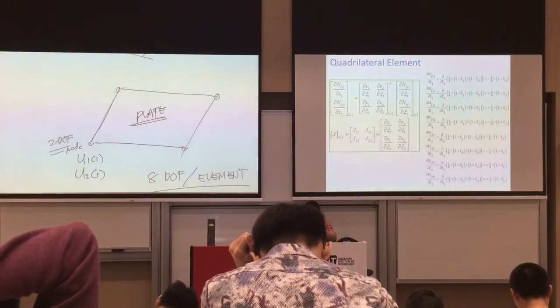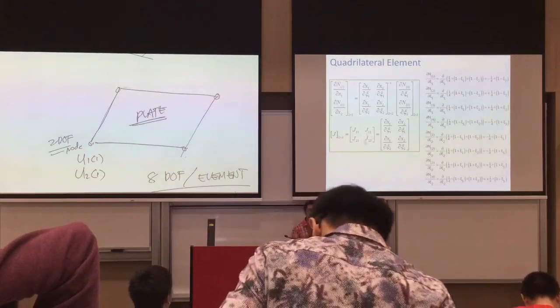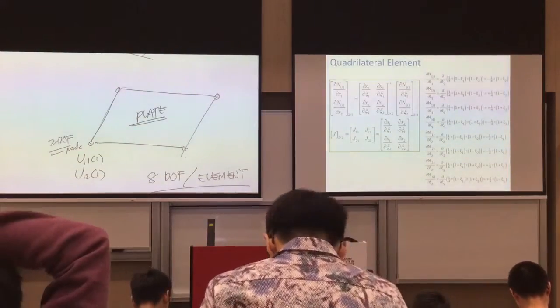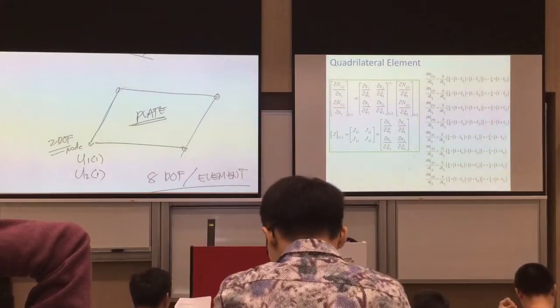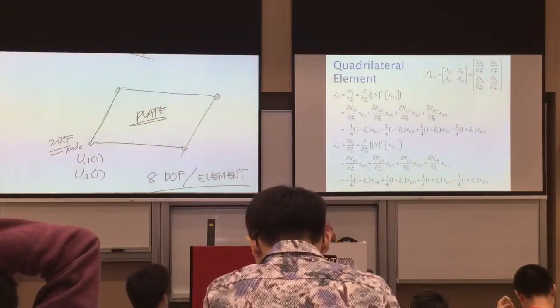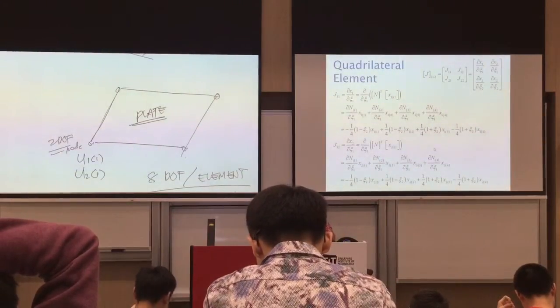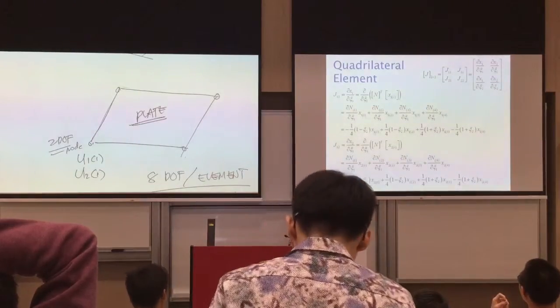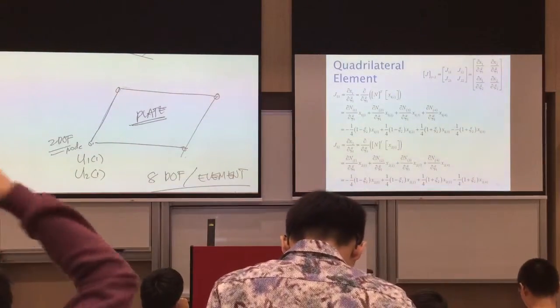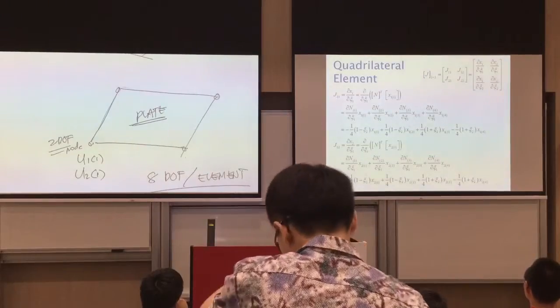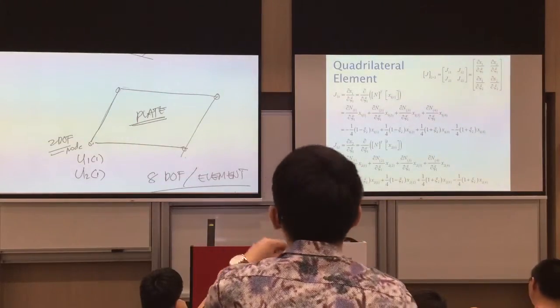The next thing you have to do is determine your Jacobian. Once you determine the Jacobian, the others are straightforward. So this is your Jacobian, and it will determine your coordinates. This equation is fixed for a plate element.